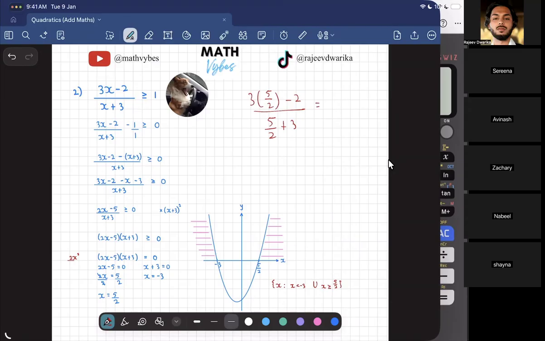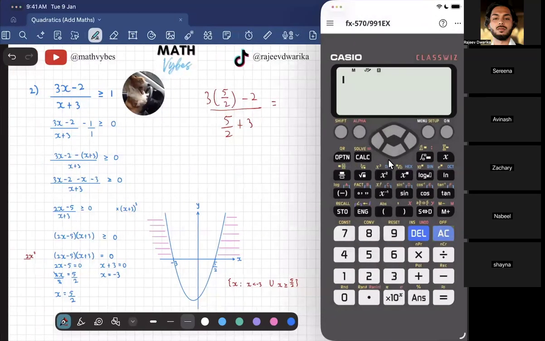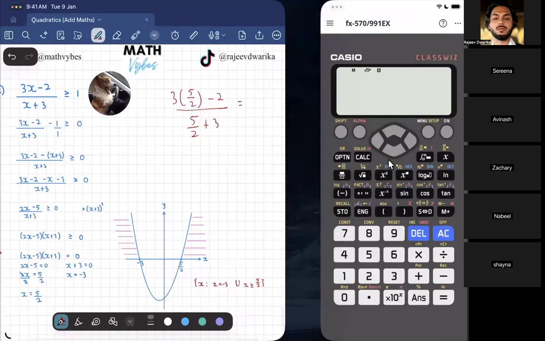Nabil, what is 3 times 5 over 2? You know what? I can just plug this into my calculator and save time. So that'll be 3 multiplied by 2.5, because 5 over 2 is 2.5, minus 2, all over 2.5 plus 3.